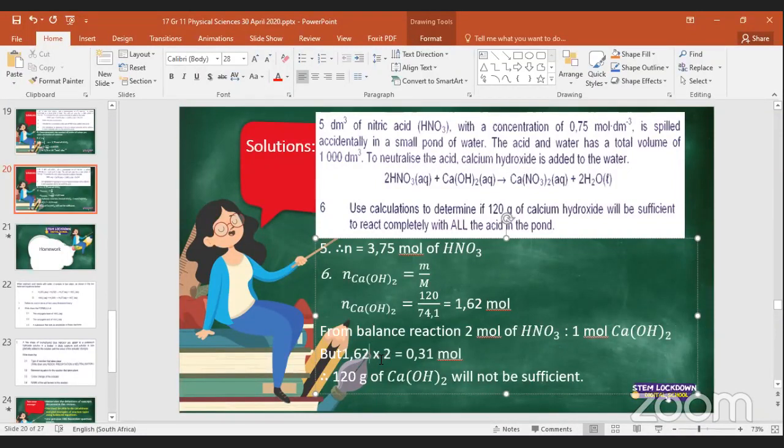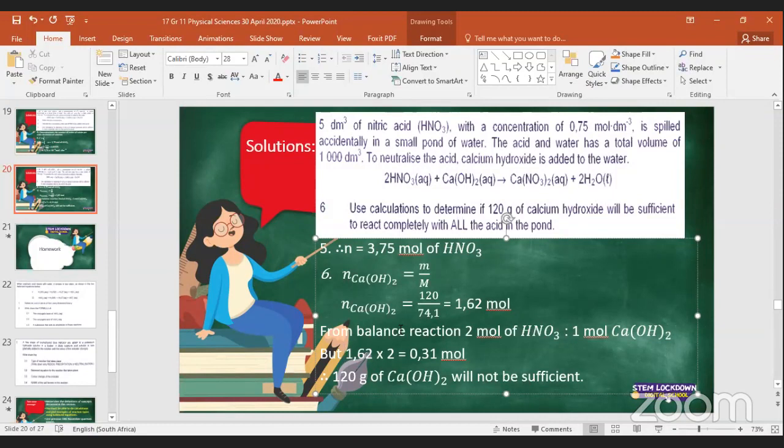So now we want to know if this will be able to neutralize the acid there. We have calculated the number of moles of a base, which is calcium hydroxide. It is 1,62 mole. Now, from a balanced reaction, we can see that 2 moles of the acid react with 1 mole of a base.